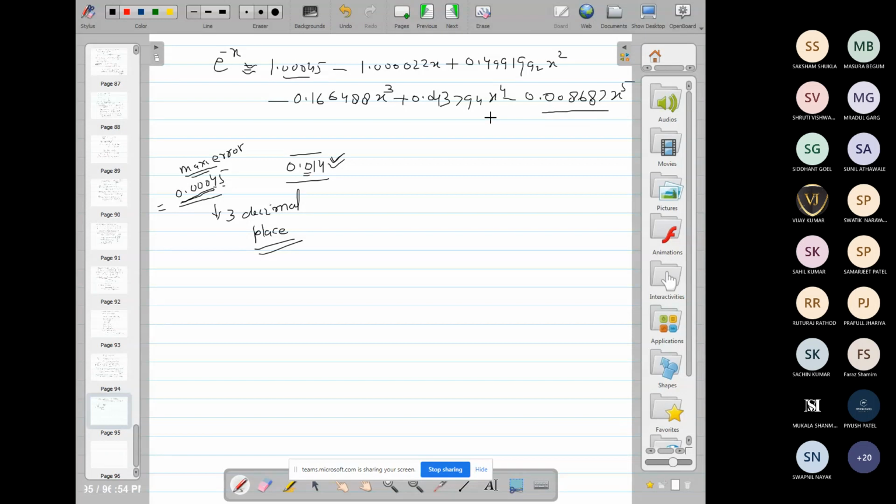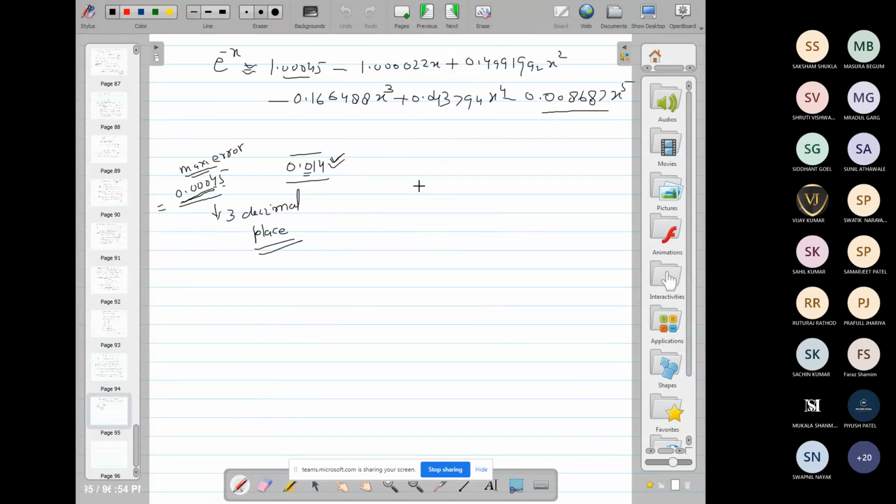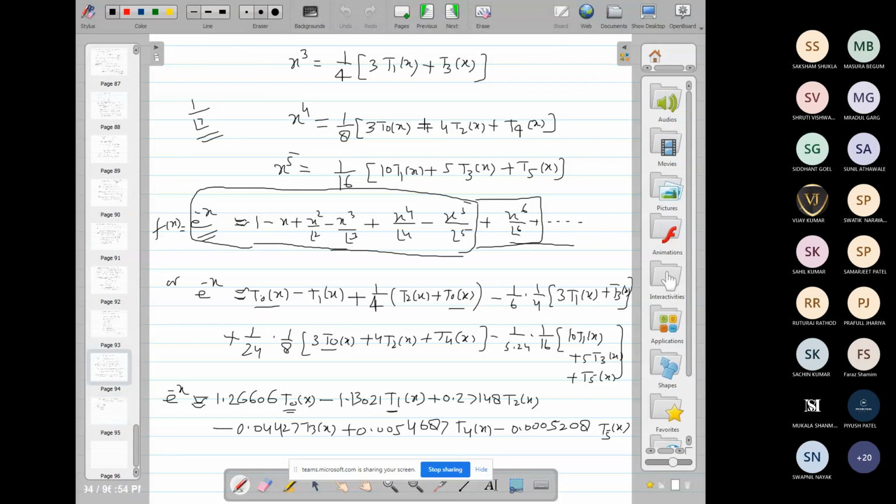So here one term is less, that is, we need less space to store the data. So this is an advantage. And the truncation of an infinite power series is known as economization of a power series.